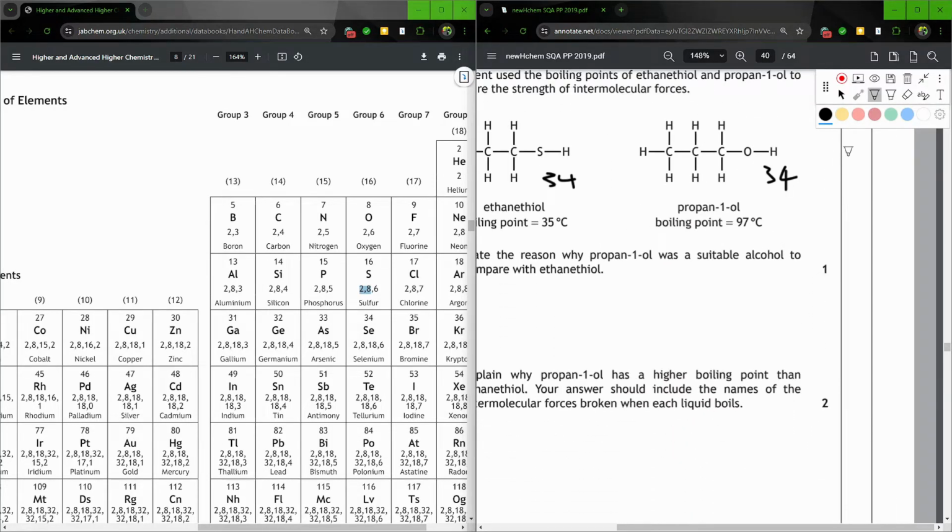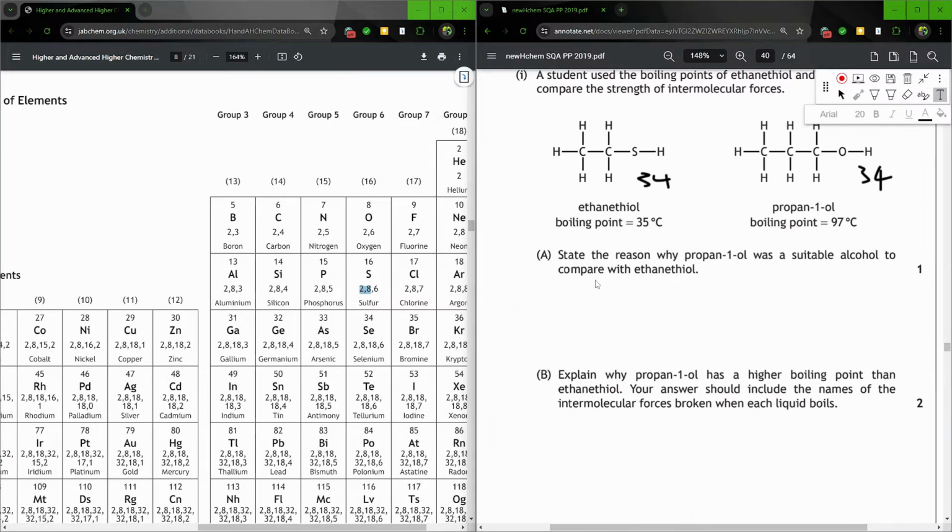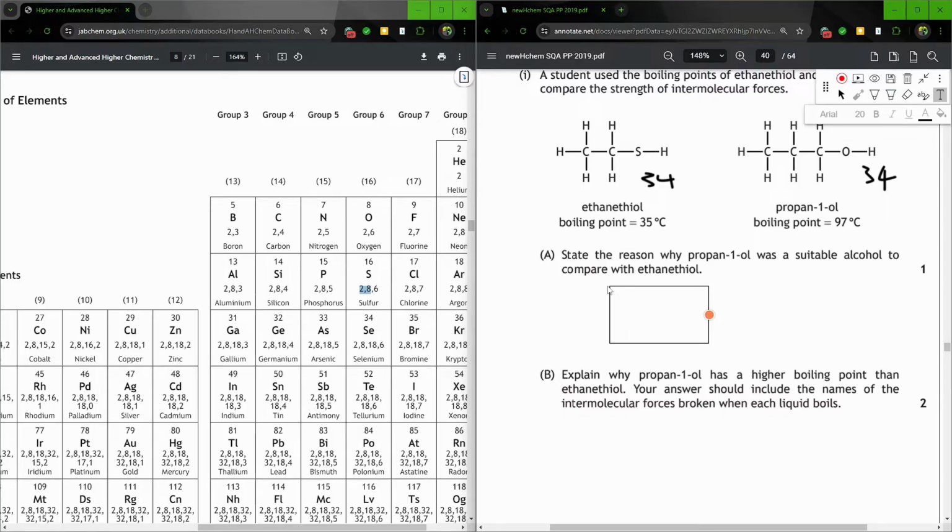And that's what we're going to write. So we'll just double check they both have the same number of electrons. So you can say both molecules have the same number of electrons, so the strength of LDF is the same.